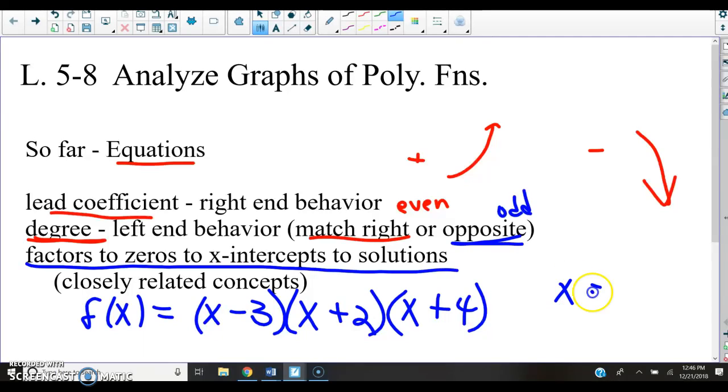So then x would equal 3, -2, and -4 for your zeros. And that's going to be your x-intercepts. It's going to be your solutions if you set your equation equal to 0 instead of f(x). They all are closely related concepts, so sometimes we interchange the words. Probably not a good habit, but we do that.